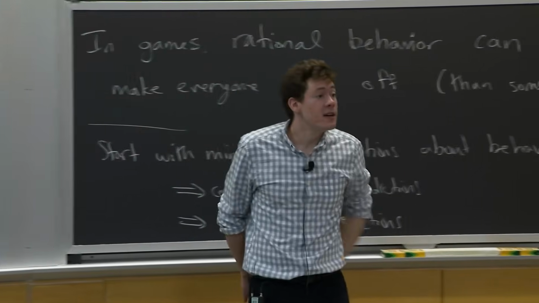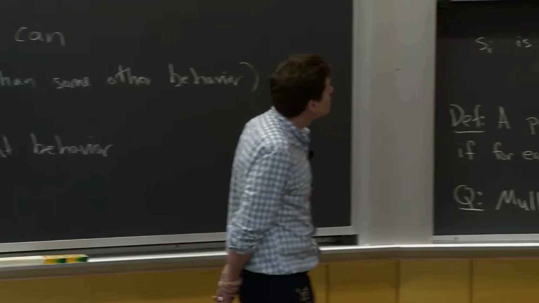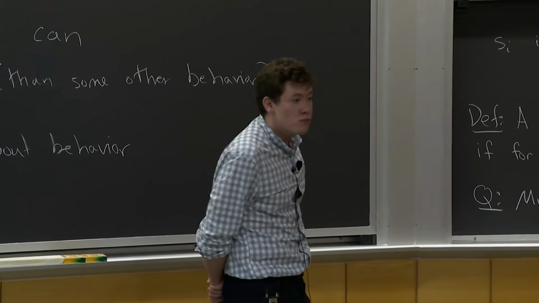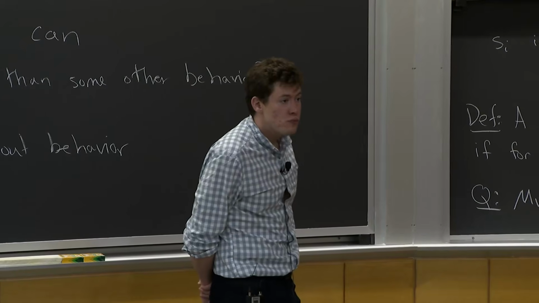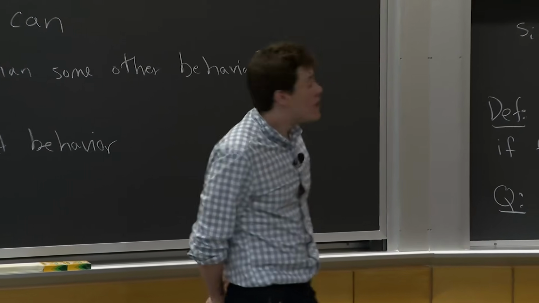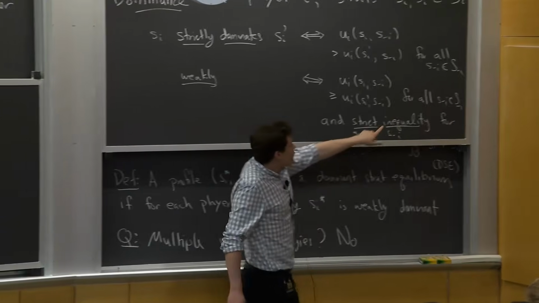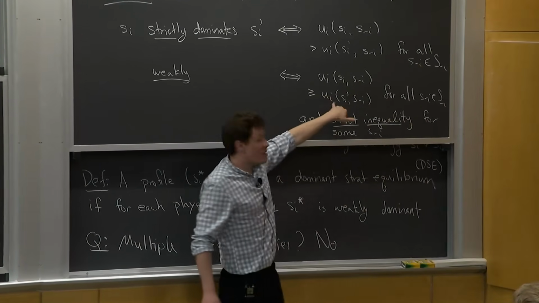Great. Any other questions? Yeah. Just to clarify for the strict inequality part for weakly dominates, is it just that you have a u_i inequality like that, but it's strict? Yeah. So what I mean is, for each S negative i, we have an inequality that looks like this.